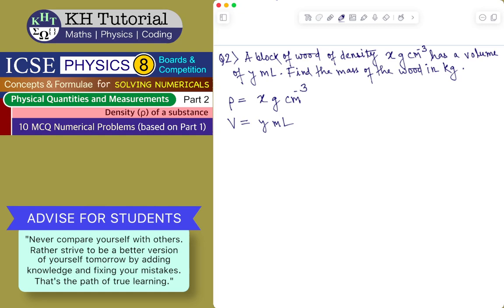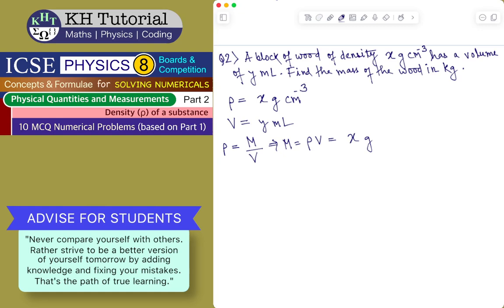So we know that from the formula, density is equal to mass divided by volume, which implies mass is equal to density into volume. Now since the question has asked the mass to be in kilogram, let's convert the density into the SI unit, and also let's convert the volume into meter cube.